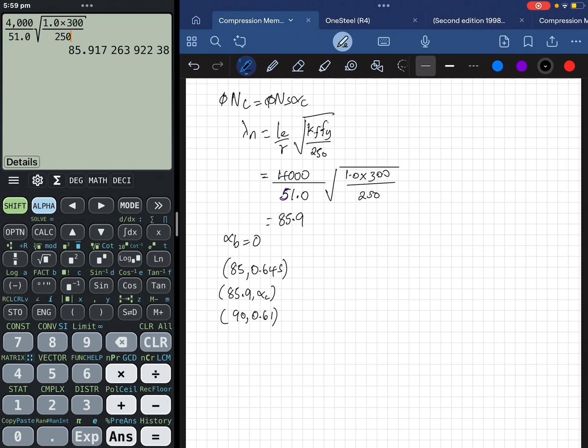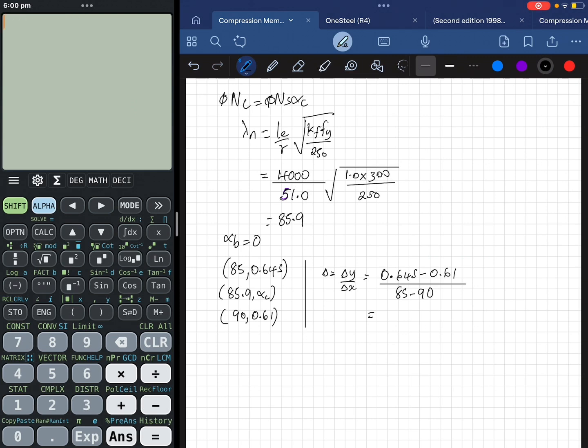The gradient equals change in y over change in x, rise over run, which is 0.645 minus 0.61 divided by 85 minus 90.